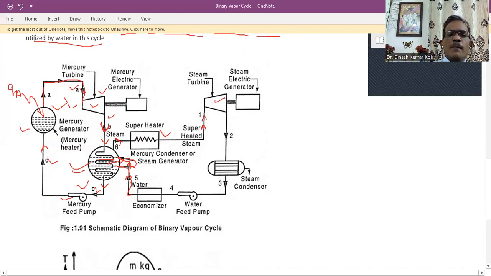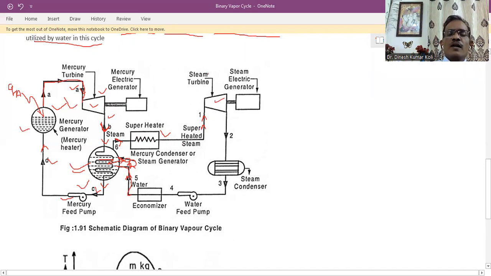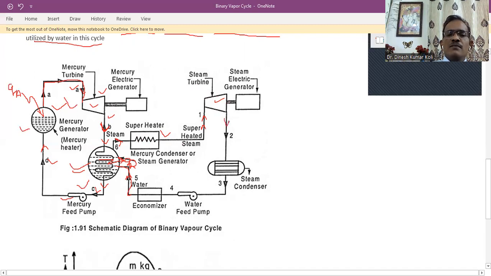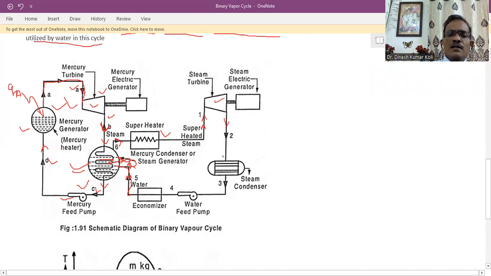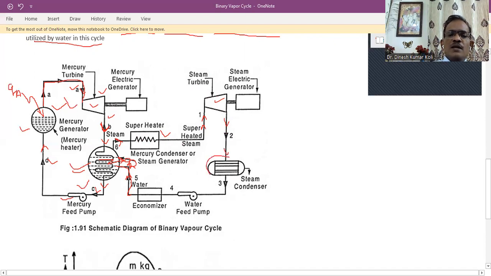This is the steam turbine. The isentropic expansion of the steam will take place in this steam turbine. Then after expansion, this steam will pass through this steam condenser, where it will reject its heat, QR.